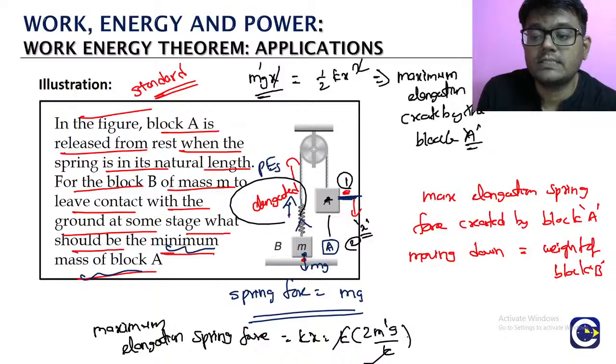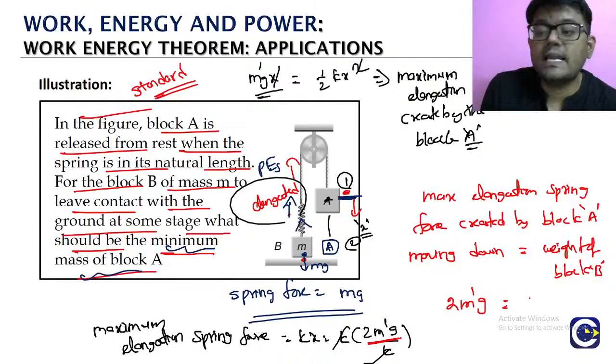So look at this. What is the maximum elongation spring force? 2m dash into g. That should be able to balance. Balance means balance the weight of the block B, that is mg. G will be cancelled. What is the m dash value? m by 2.